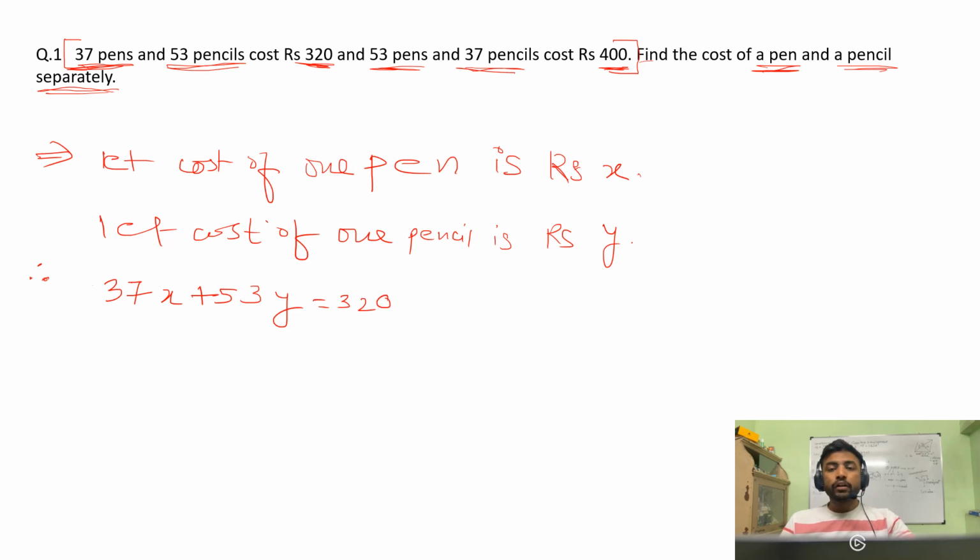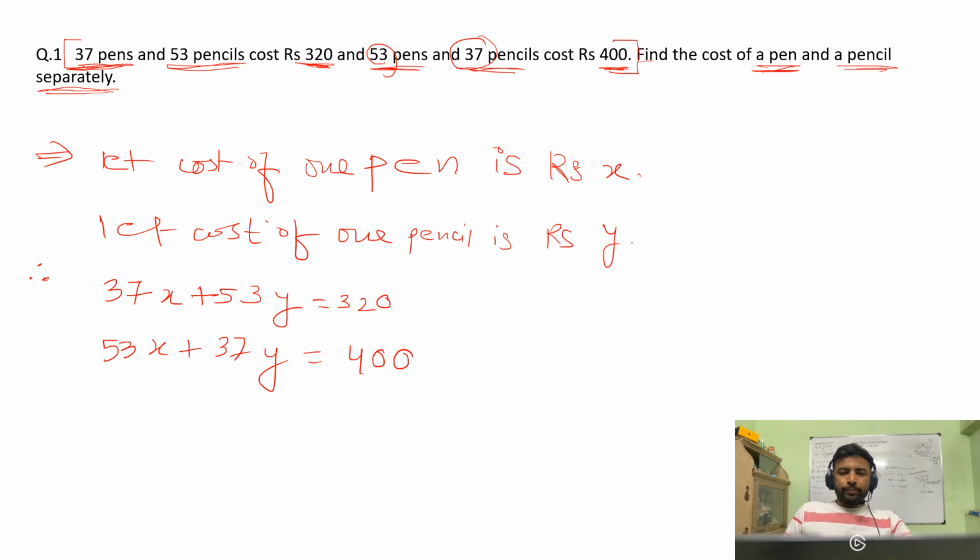Again, the cost of 53 pens and 37 pencils is rupees 400. So 53x plus 37y is equal to 400. This is equation number 1 and this is equation number 2.